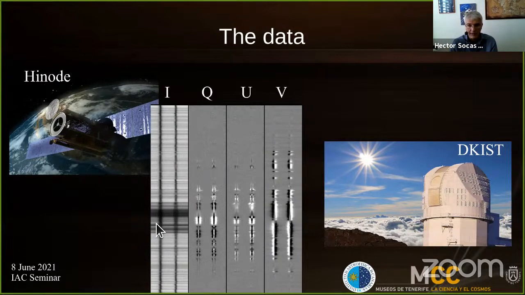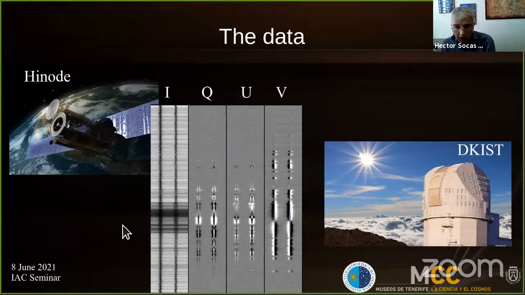And then here you have a sunspot where you have a magnetic field, and it's darker in the spot. So this is intensity, and this is Q, U, and V, the linear and circular polarization, where the gray background means no polarization, and black and white mean positive and negative values, according to some reference frame.